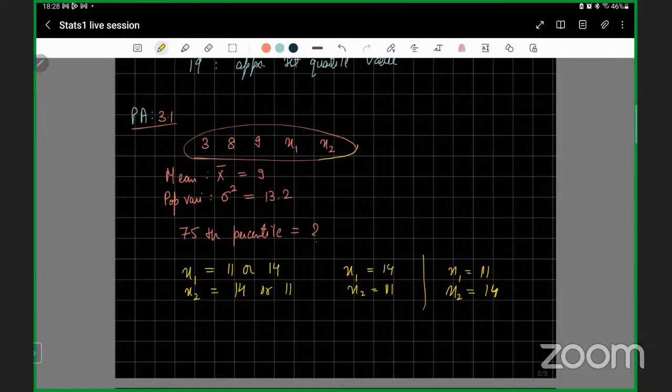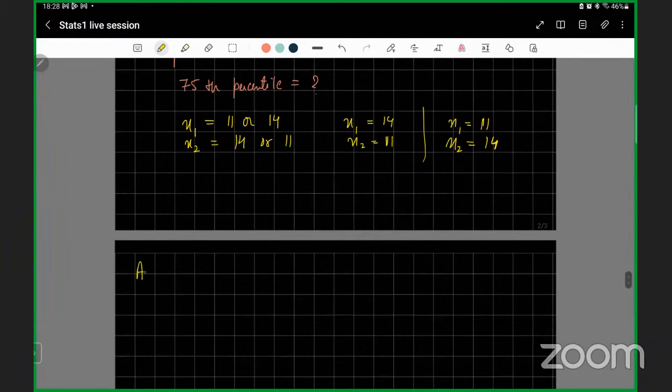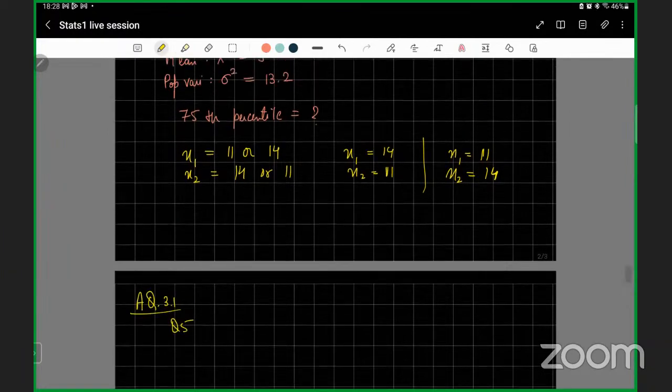Let me finish this question first. Can you tell me the question number before I move on? It is question number 5. Somebody asked 3.1. Okay, I'll come to it.